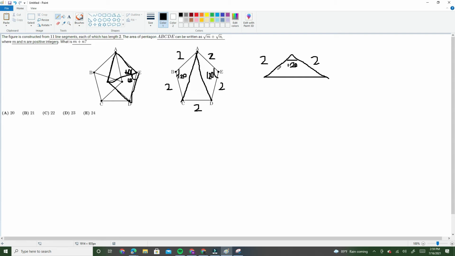And since this vertex angle is 120, these two base angles must add to the additional 60 degrees in order to get the 180 degrees on the interior of a triangle. So if this angle and this angle add to 60 degrees, and we know that they're equal, the measure of each of these angles is 30 degrees.